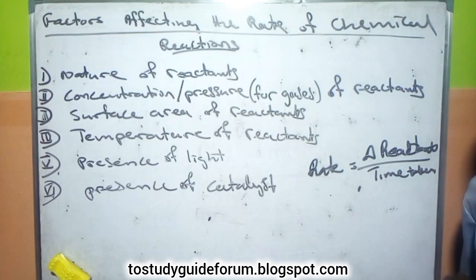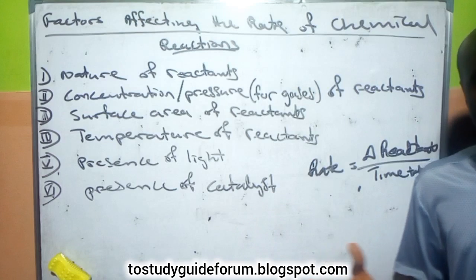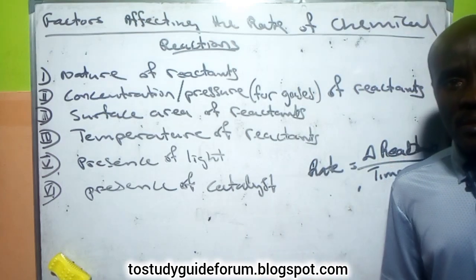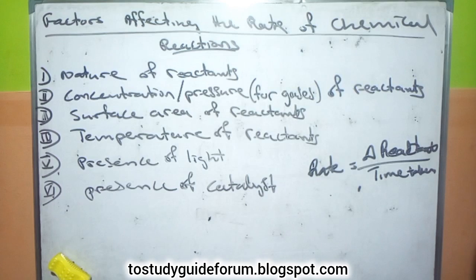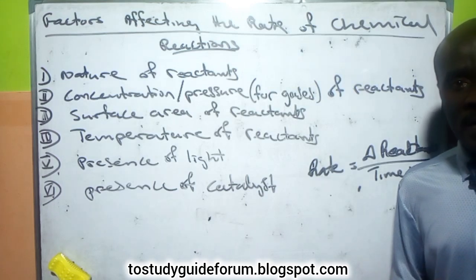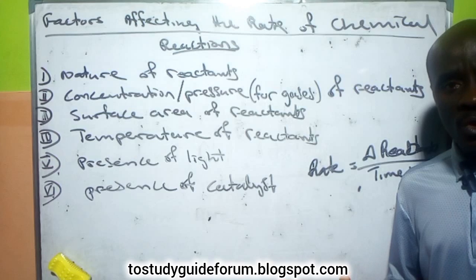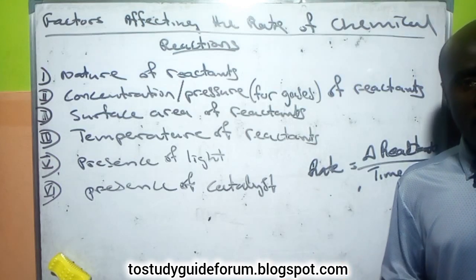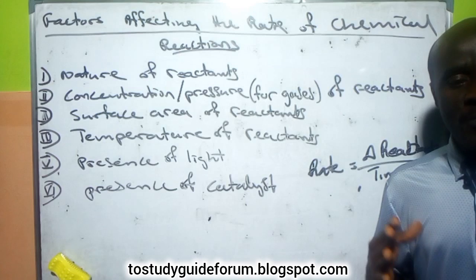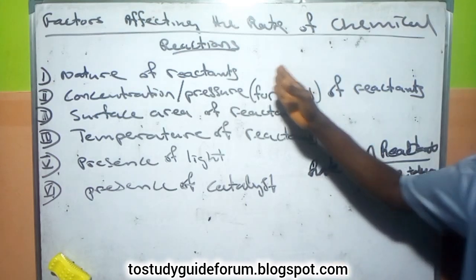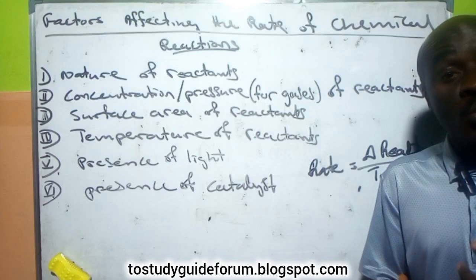What you're dealing with could be change in mass over time taken, or change in volume over time taken. All of them have to do with per unit time. Change in quantity of the reactant or change in product per unit time gives us the rate of chemical reaction. Now, there are some factors that affect rate of chemical reaction, which we have already listed here, and we're going to go into details.